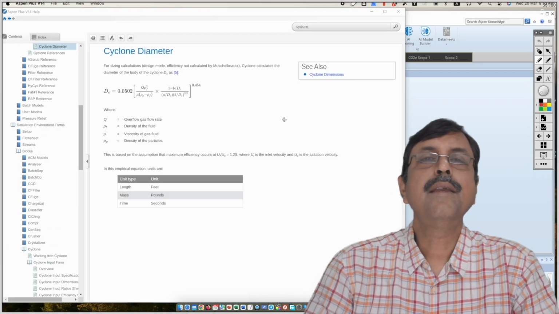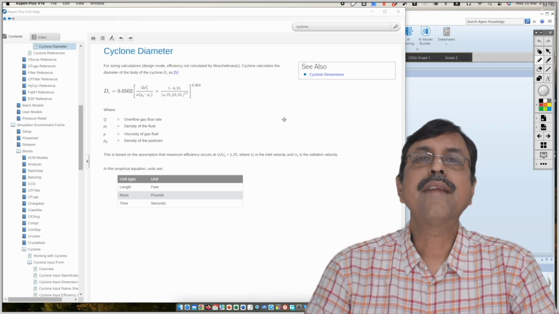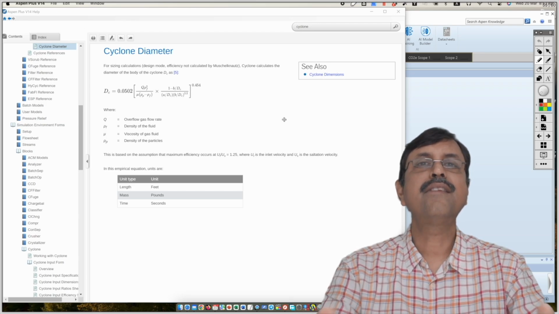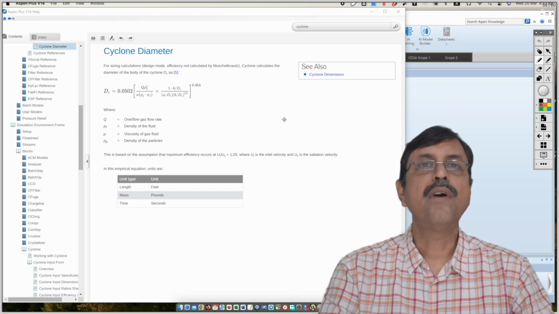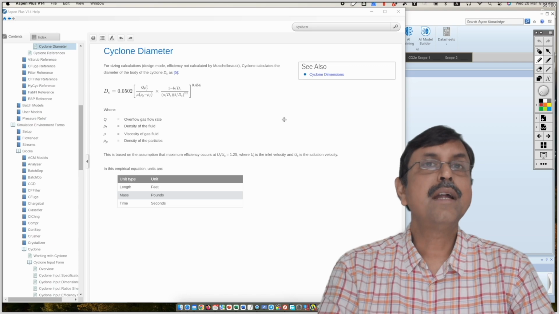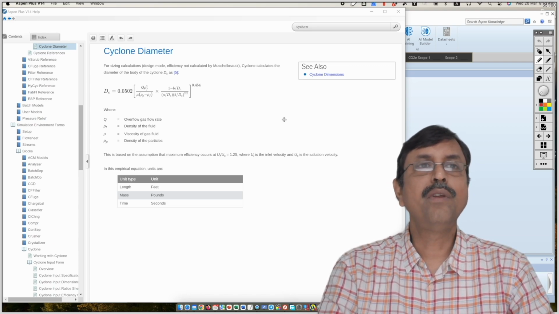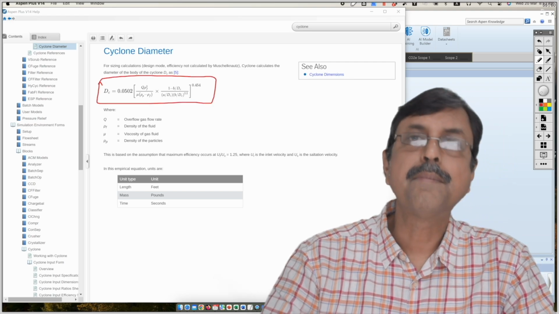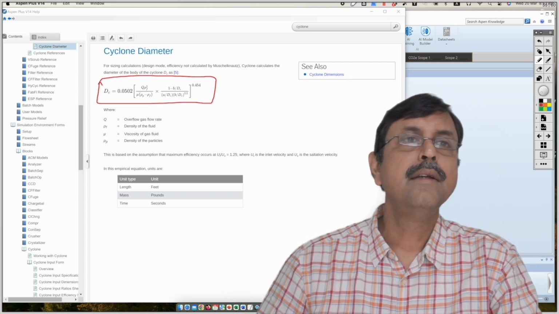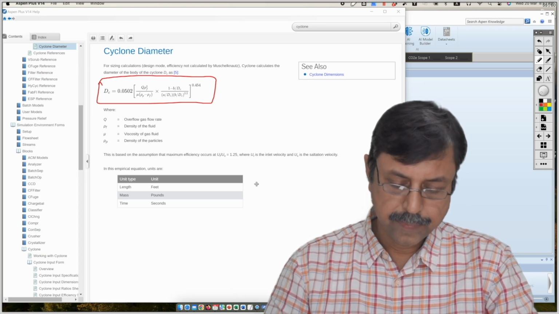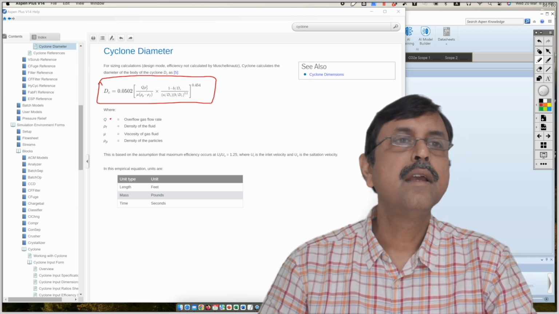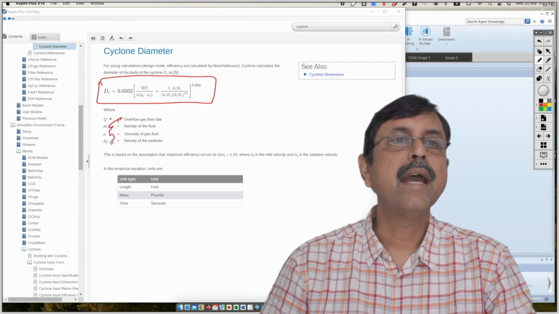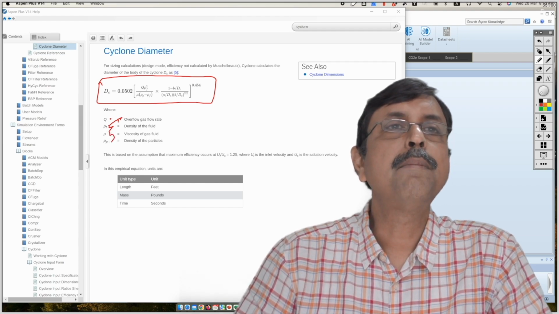So here you can see in the design mode how the cyclone diameter is calculated. Suppose you say that I want this much efficiency for my cyclone. Then how will the diameter of the cyclone be calculated? The diameter will be calculated using this particular formula, where Q is the overflow gas flow rate, F is the density of the flow, mu is the viscosity of the gas fluid, and rho is the density of the particles.